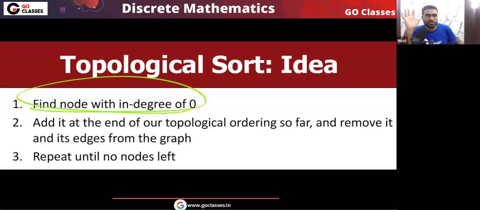Start with that vertex, delete that vertex, then again repeat the same procedure until no nodes are left. So the algorithm is very simple. Is this clear?